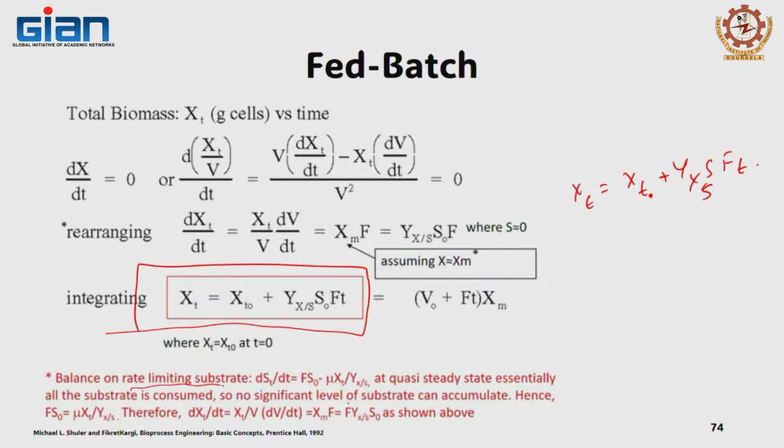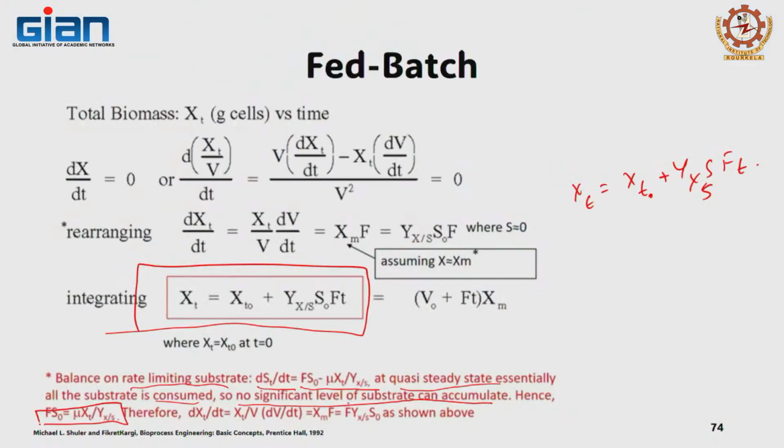Balance on the rate limiting substrate: dS/dt is F S0 minus mu X t by Y_X/S at quasi steady state. Essentially, all the substrate is consumed, so no significant level of substrate can accumulate. As quasi steady state is reached, all the substrate is consumed, more substrate comes in, no accumulation, then the cycle starts again. Hence F S0 is equal to mu X t by Y_X/S. This is an important parameter here.